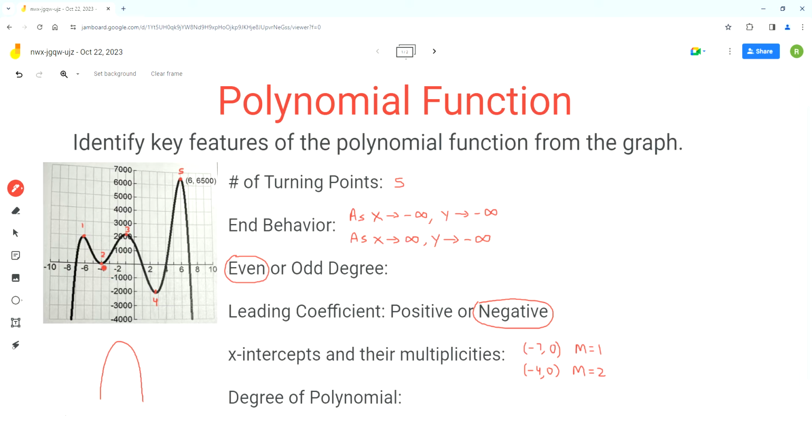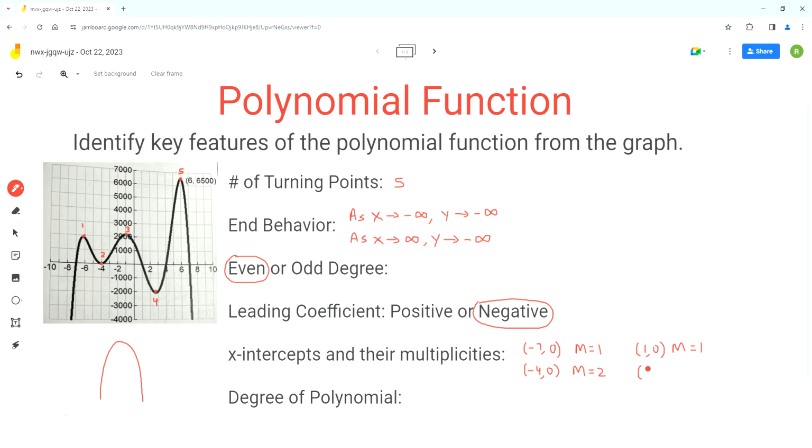Now the next x-intercept is 1. So we write it as (1, 0). And at 1, the graph passes straight through it. So the multiplicity at that x-intercept is 1. Now the next x-intercept is 4 and the graph passes straight through it.